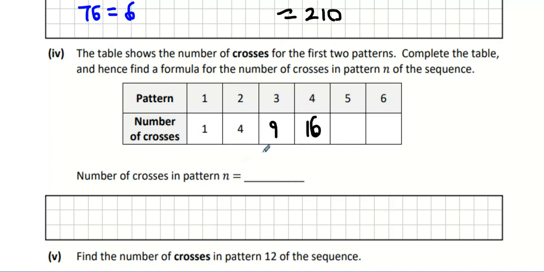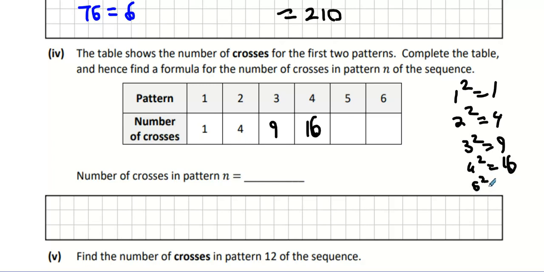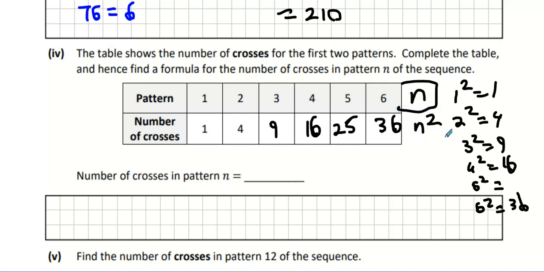What I mean by square numbers is 1 squared is 1, 2 squared is 4, 3 squared is 9, 4 squared is 16. Next one's going to be 5 squared to be 25, and then 6 squared is going to be 36. So that's what that is. And then it's whatever number you're looking for, you're just going to square it. So if that's n, it'll be n squared, because 6 was actually 6 squared. 5 was actually 5 squared. So if it's n, it's going to be n squared.